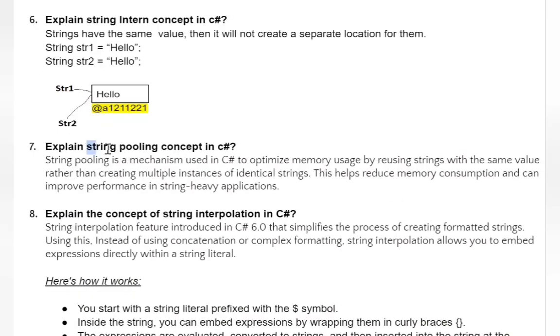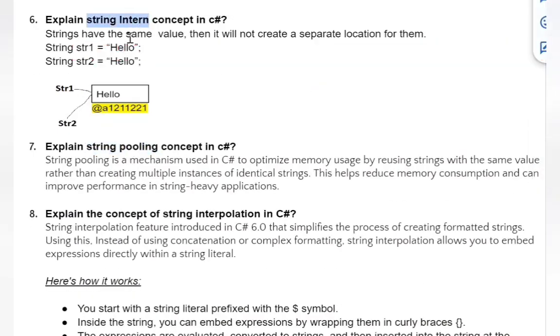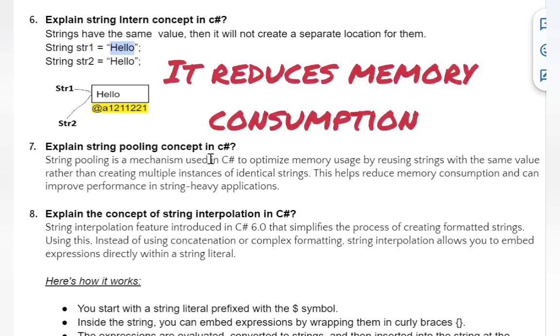The next one is string pooling, which is related to string intern only. The concept by which string intern knows we have some variable with the same value in memory is called string pooling. The process by which str2 knows we already have some variable having the same value is actually called string pooling.